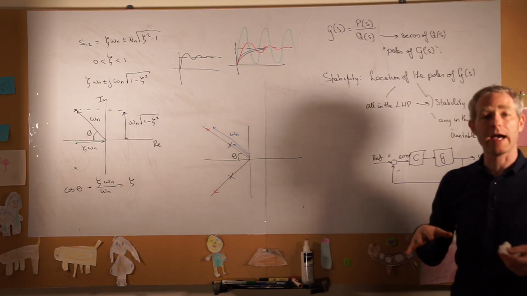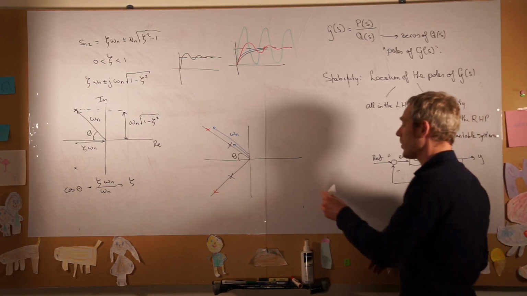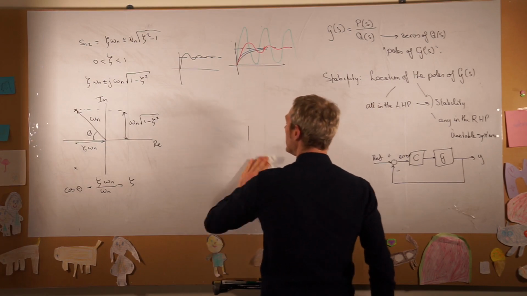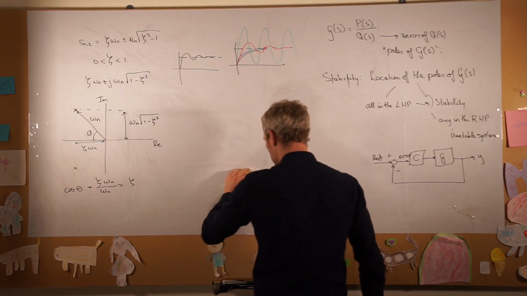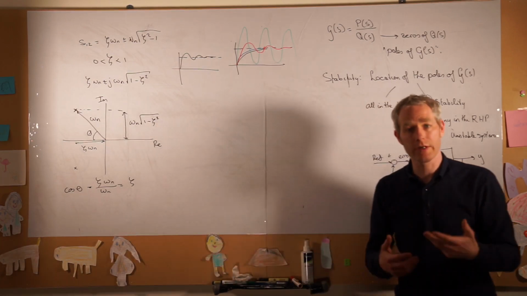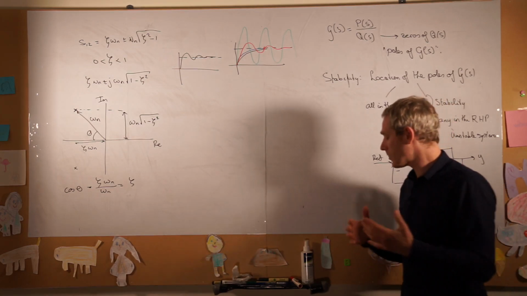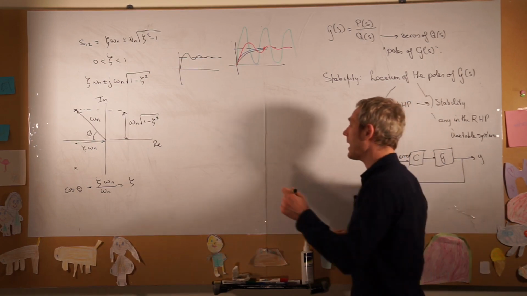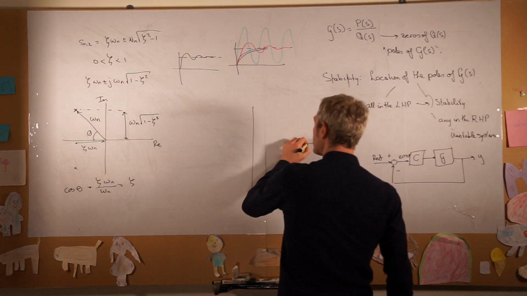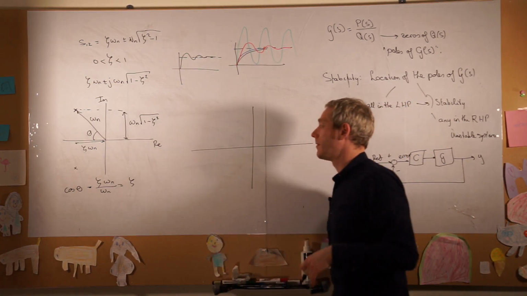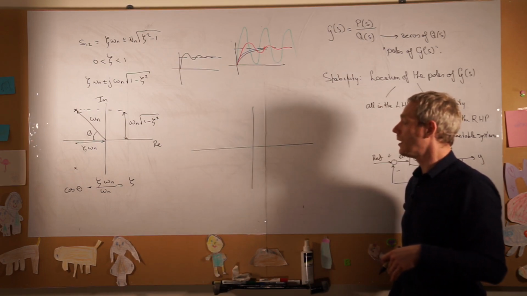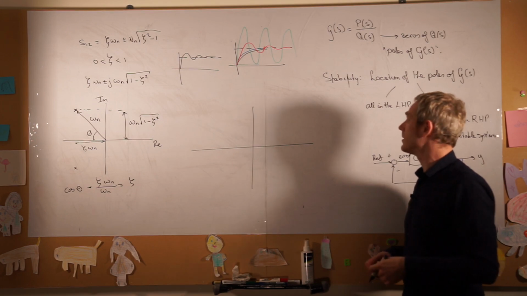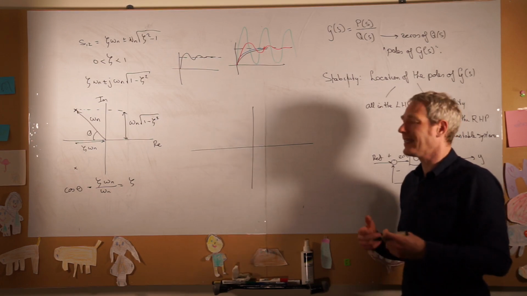We might want a system with a certain set of properties, such as a lower bound for the natural frequency, or a certain range for the damping ratio, because if the damping ratio is too low, we might have a very slow system, and if it's too high, we might get oscillation.